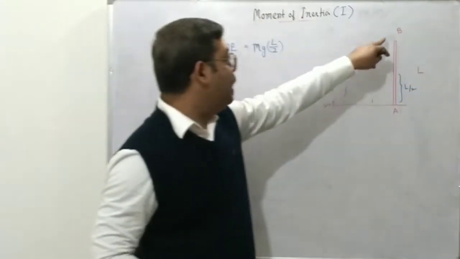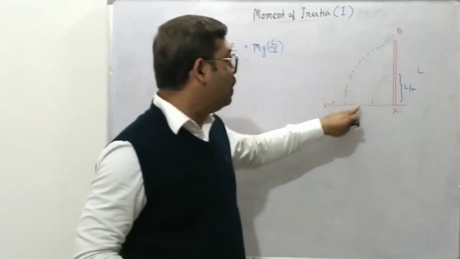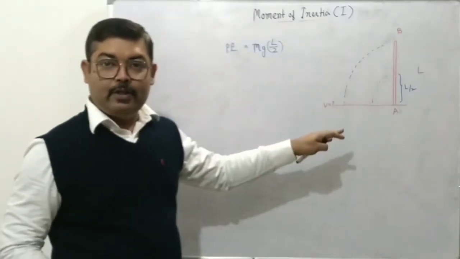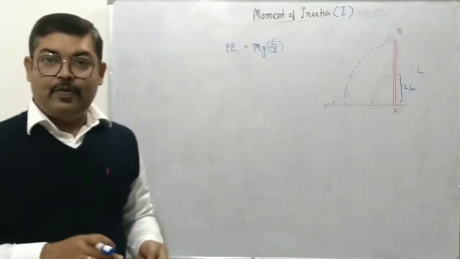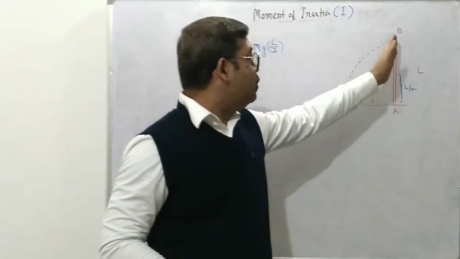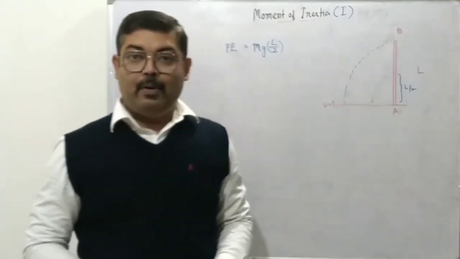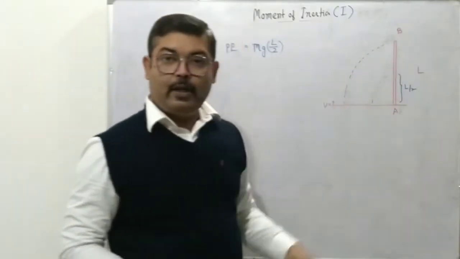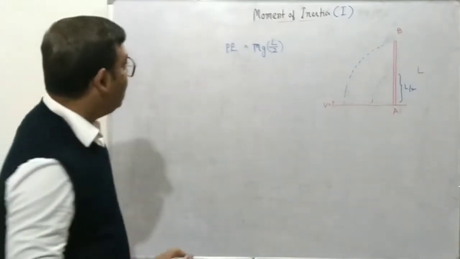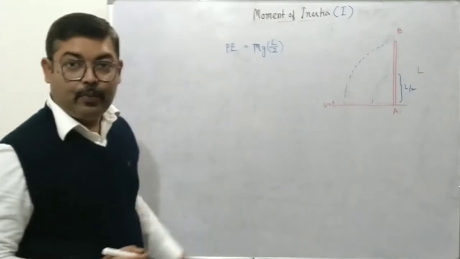So by the time B reaches the ground level, the center of mass will also reach the ground level, which means the potential energy will become 0. From conservation of energy, we know that if potential energy becomes 0, then the entire energy has to get converted into kinetic energy. So this is the initial potential energy.